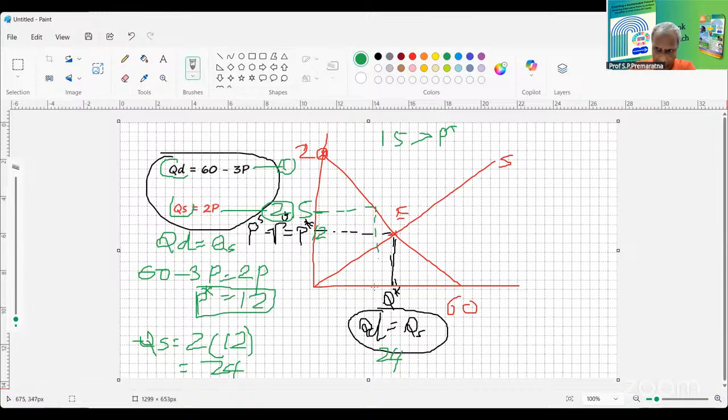The demand is somewhere here, and supply somewhere here. Using this demand function and supply function, you can estimate it. When you put 15 into the supply function, 15 times 2 is 30. That's the supply.